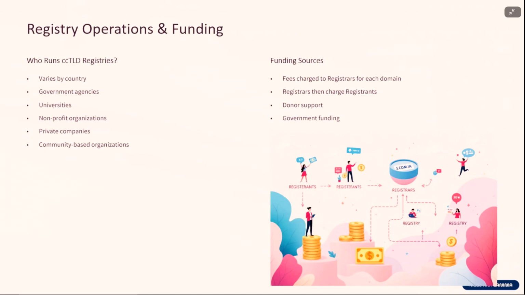We have some domain names that have premium. So those domain names mostly go because people want it. Sometimes they are auctioned, and when they auction, it also attracts a bigger fee. And they get that money as a seed fund to start their operations or to set up the registry. And then also the registrars then charge registrants for the domains.